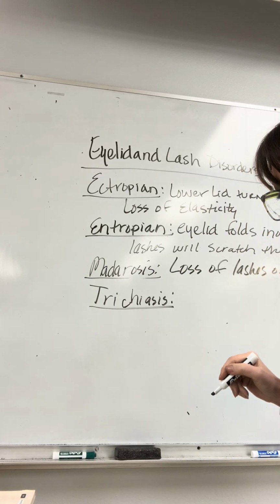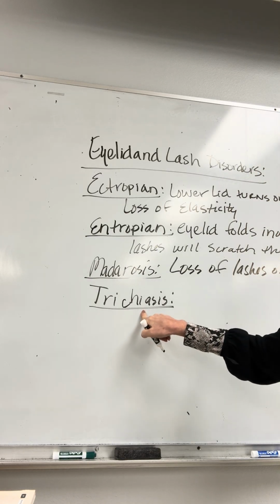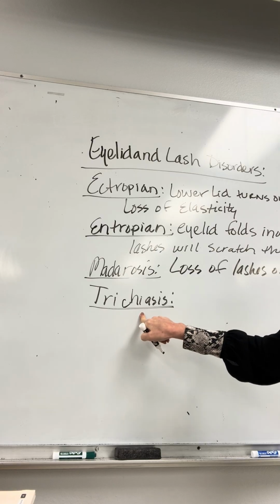Ingrowth of the lash, which can scratch the cornea, is trichiasis. I guess that's how you'd say it.